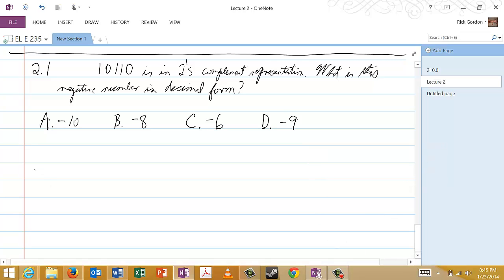For problem 2.2, suppose that we want to calculate 0, 0, 0, 1, 1 minus 1, 0, 1, 1, 0.